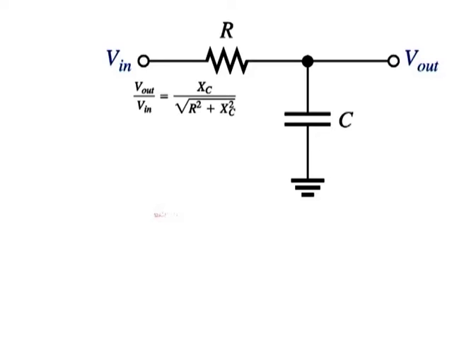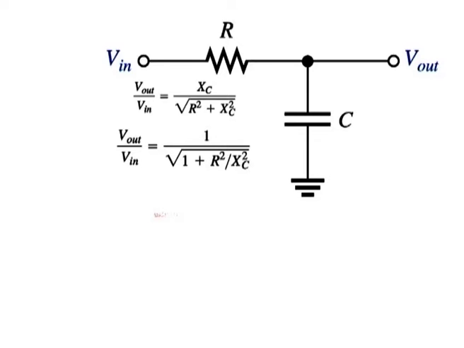Dividing both the numerator and the denominator by Xc, we get Vout/Vin = 1 / √(1 + R²/Xc²).